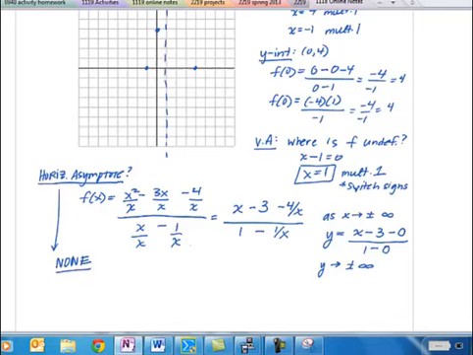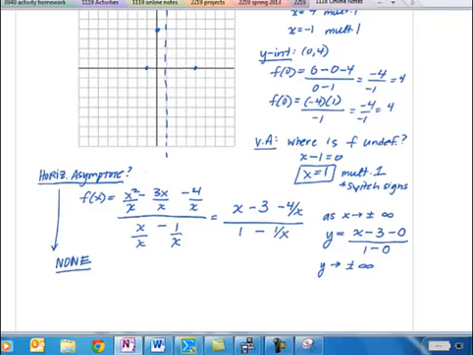The reason this happened was that the degree of the denominator was less than the degree of the numerator. So when we divided everything by x in this case, there was still a term of x left in the numerator. So as x gets large, the numerator is still just going to get larger and larger. It's not going to settle down to a single value.